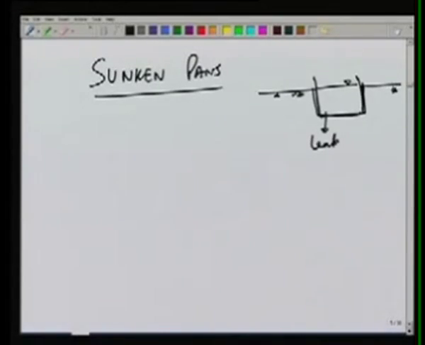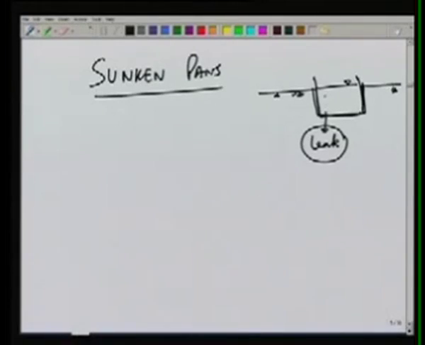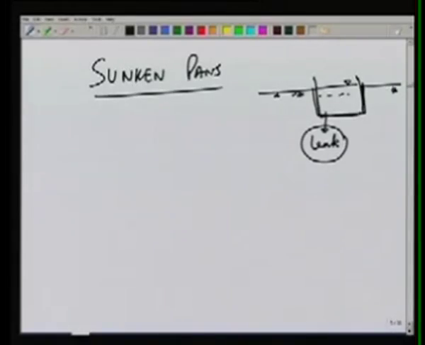The disadvantage is that if there is a leak, it is very difficult to find out the leak, because in above surface pans it's very easy to see the leaks because it's all above the surface, but since this is sunk below ground, if there is a leak we will not be able to know about it. The water level is going down, but part of this may be because of the leak.